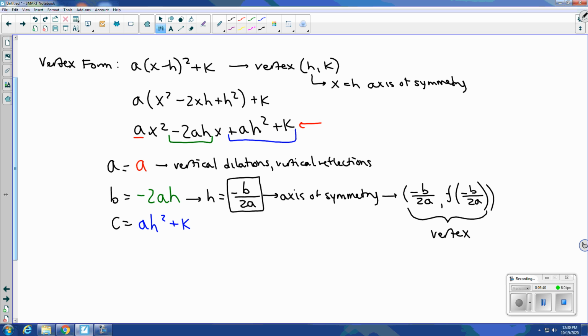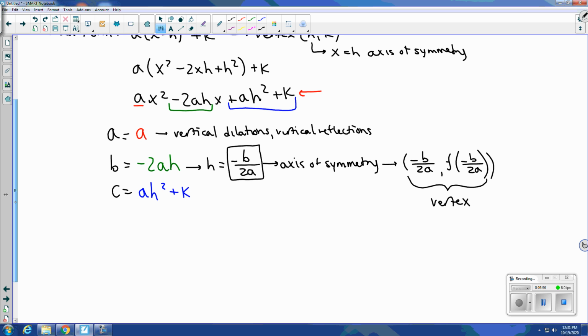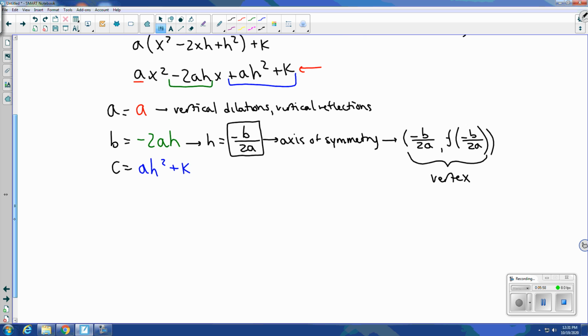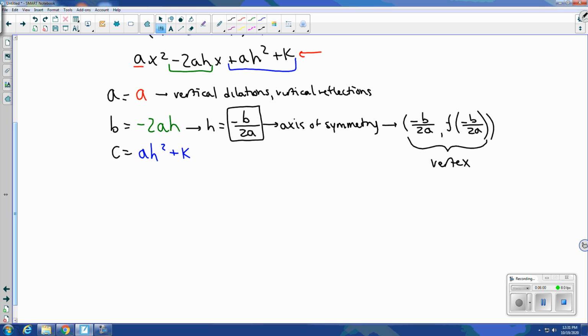And if I know the axis of symmetry and its relationship with the vertex, I know that I can find the x-coordinate of the vertex because it's the same as the axis of symmetry value. And through function evaluation, I can find the corresponding y-coordinate. So a lot of information embedded within that little piece that we initially discovered.